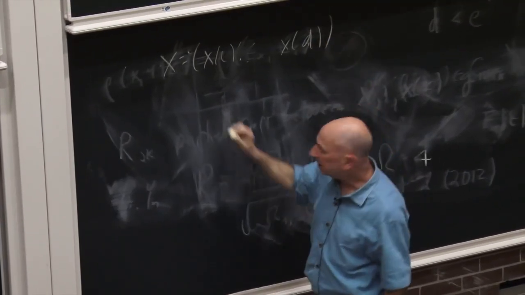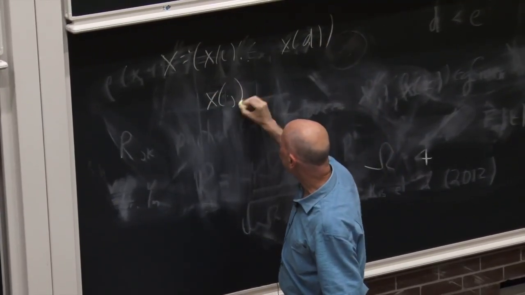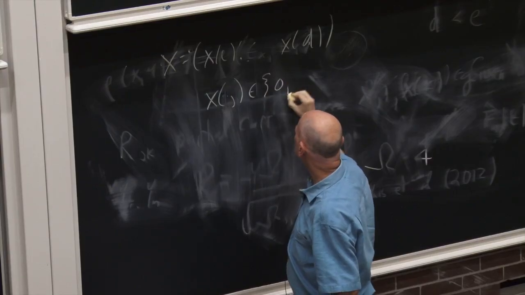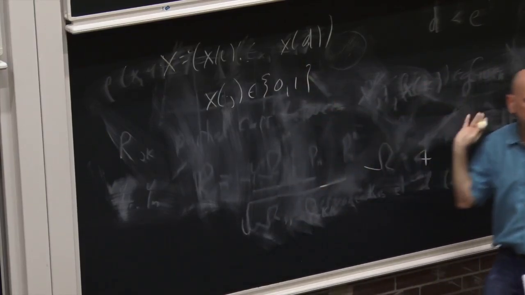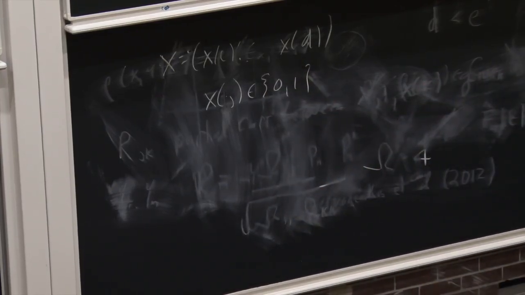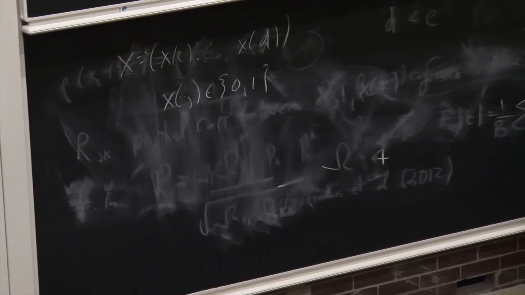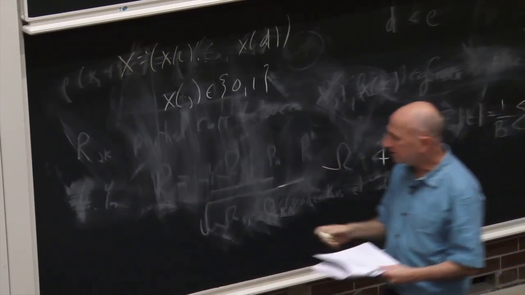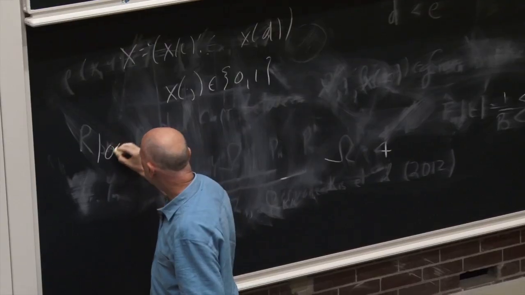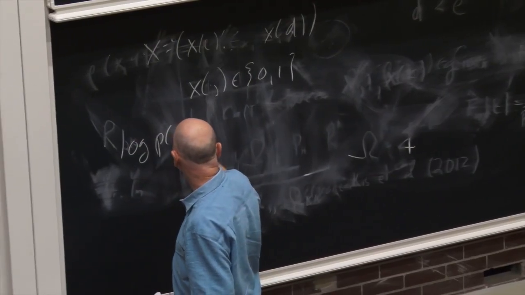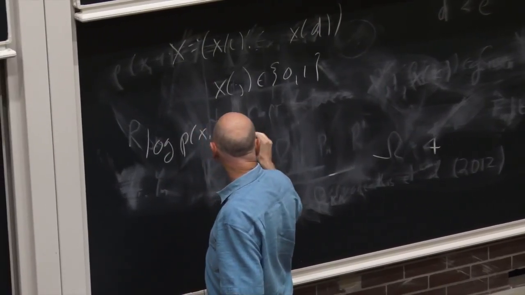And for simplicity, again, I'm going to assume that each feature is binary. It doesn't have to be. It can be any discrete random variable. But I'm going to take binary. We can do exactly the same thing. The log linear, so we're going to have a probability function.